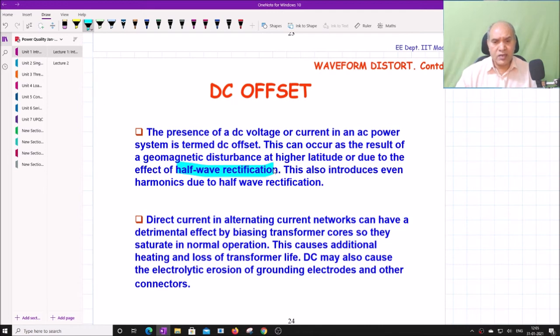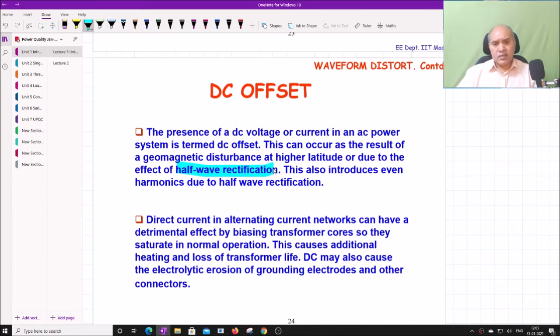As you know, Earth is a magnet, a big huge magnet. So when transmission lines are erected and carrying electricity at high latitudes, there is some effect on the transmission lines, and this causes induction of some voltage, which creates a DC component.